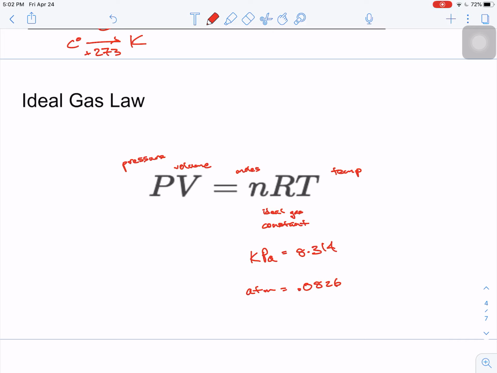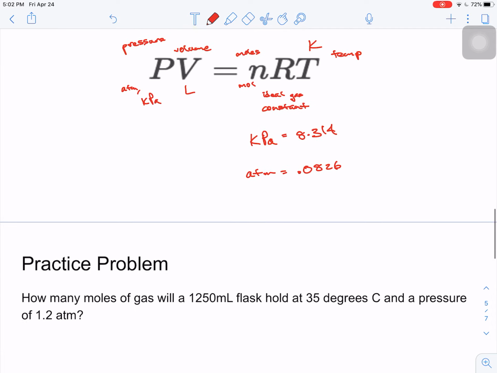Okay, so depending on what type of pressure you have, you will have to use a different ideal gas constant. Just make sure you guys know those. And all of the other ones on top are just basic things. Again, we'll just put K, moles, liters, and ATM/kilopascal. So those are all your variables. Usually you're just given them. Sometimes you have to find them. But we'll get into a practice problem right now.